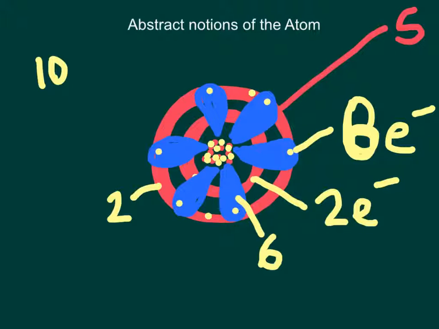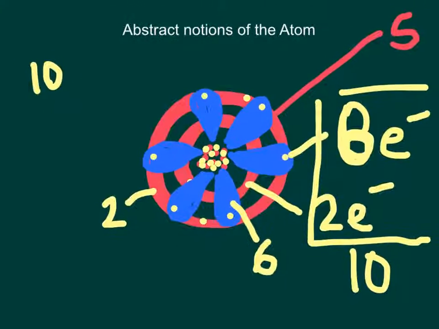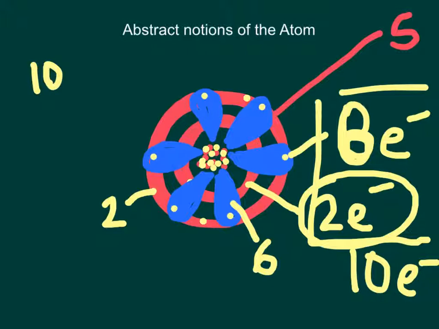So if we add those electrons up, that'll total 10 electrons altogether. 2 in this first layer, we call the first orbital, and 8 in the second orbital.